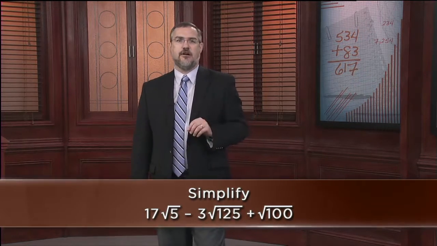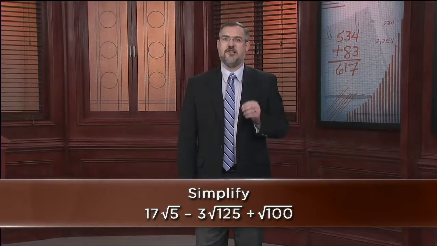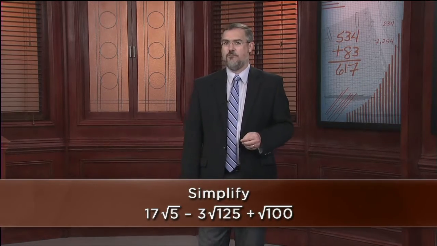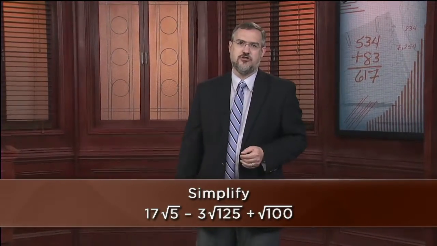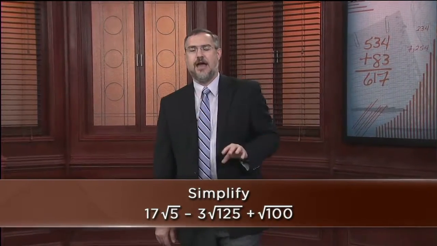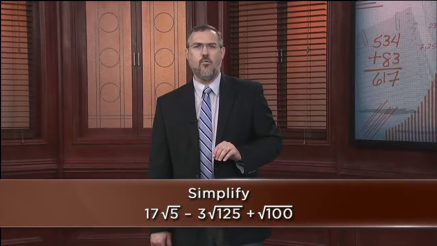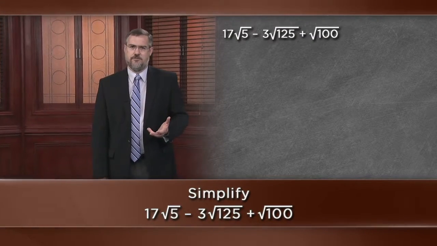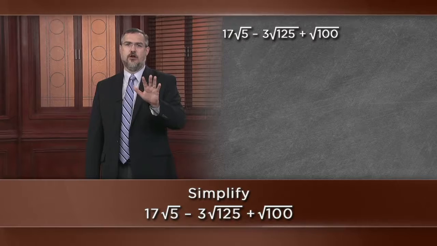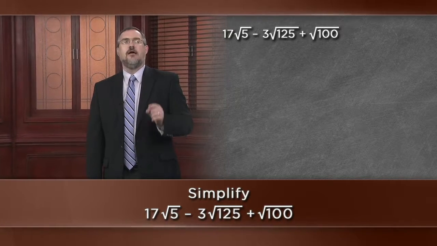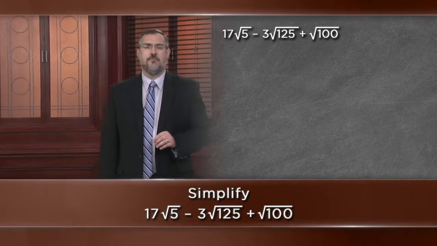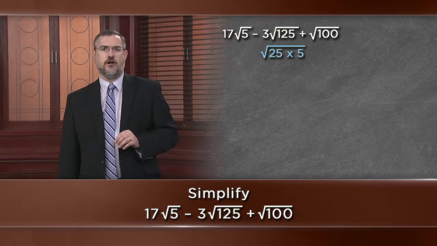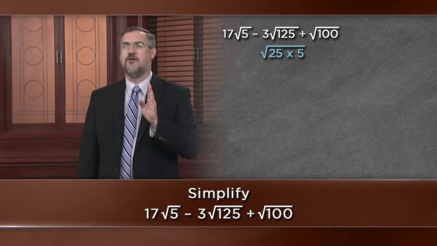Now, let's start by simplifying the square roots as much as we can before we move forward. That's usually a pretty good rule of thumb. Try to simplify them as much as you can before you try to do any adding or subtracting. Well, there's nothing to do with the square root of 5, so I'm going to leave that term alone for just a moment. Next, notice that the square root of 125 can be rewritten as the square root of 25 times 5.